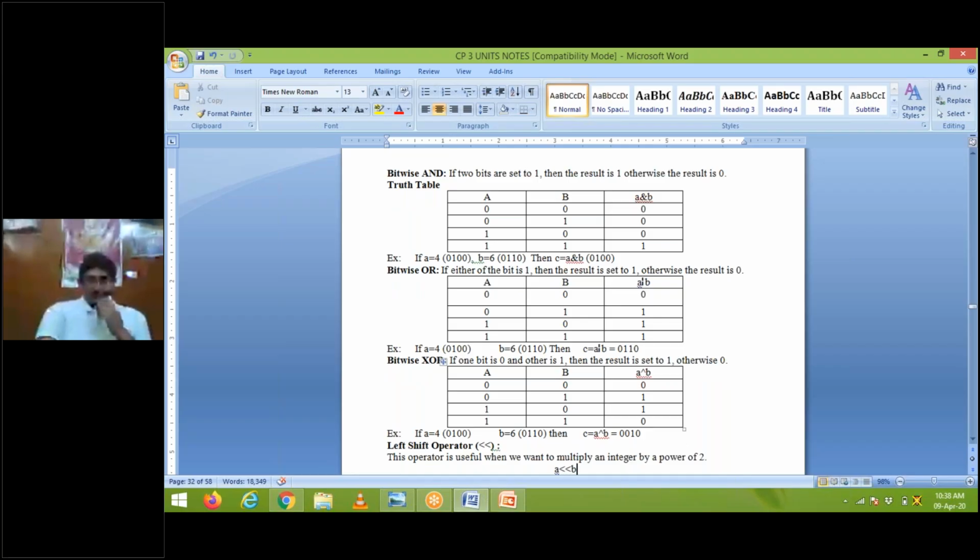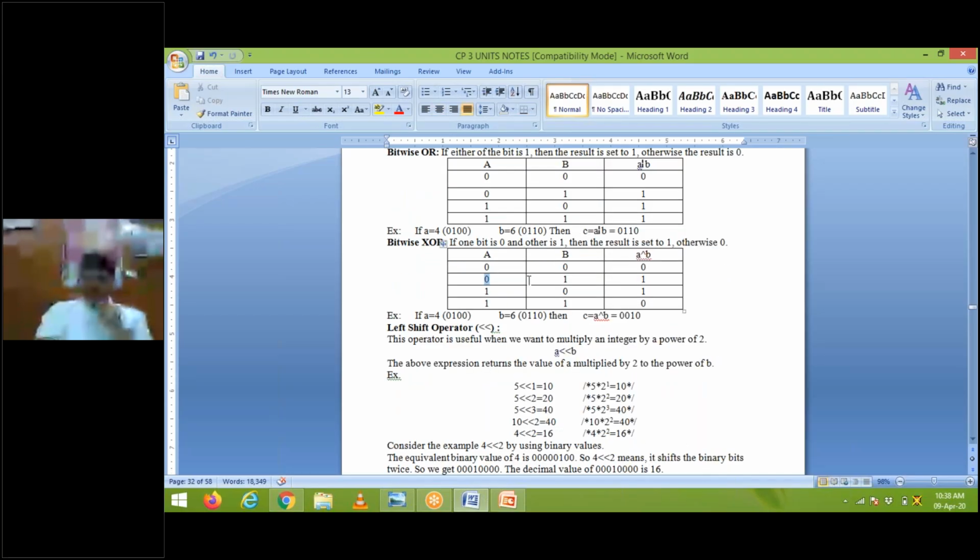You should see the reference table. If either of the bits is 0 or 1, then only the result is 1. If both are 0, the result is 0. If both are 1, the result is 0. That means if one bit is 0 and the other is 1, the result is set to 1, otherwise 0. This is the meaning of bitwise exclusive OR.